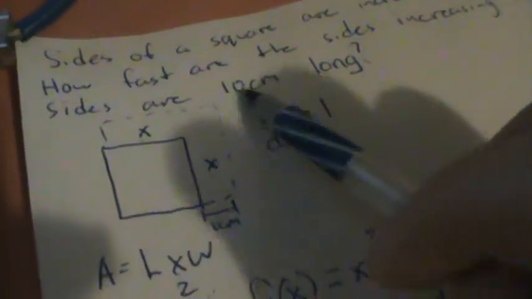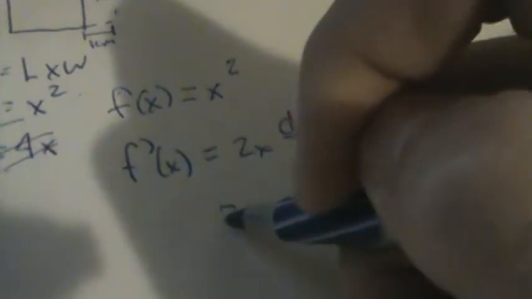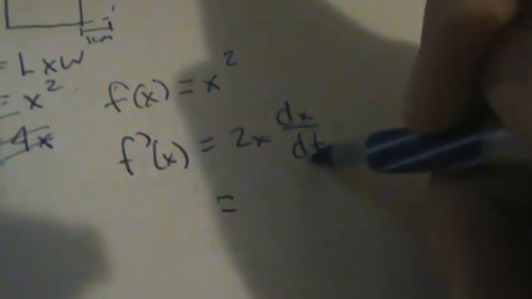Shazam. And we also have another given that I didn't really write down: we're trying to find when x is equal to 10. So we have dx/dt is equal to 1 and x is equal to 10. Well, if we look down here, we have x and we have dx/dt.